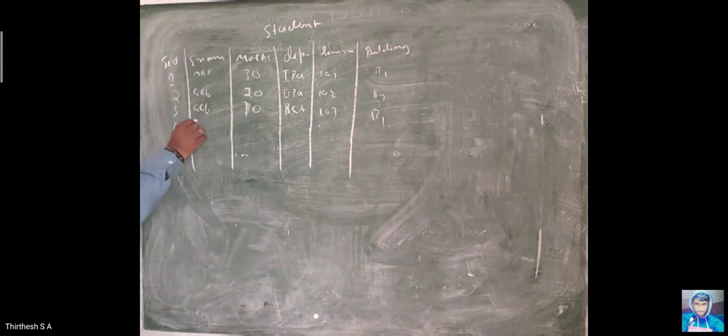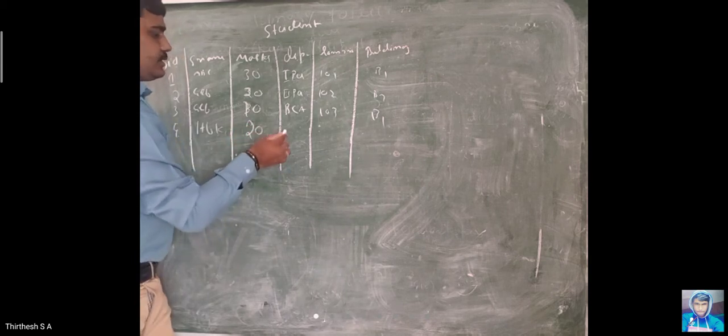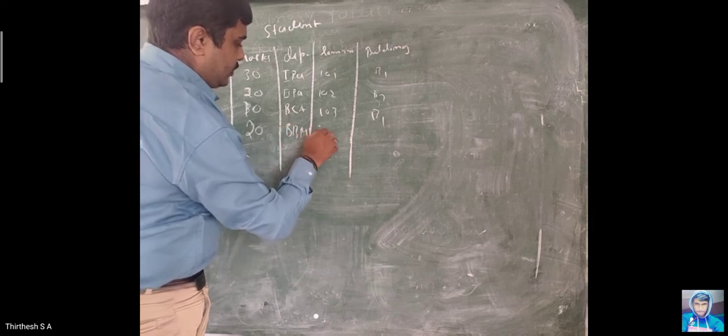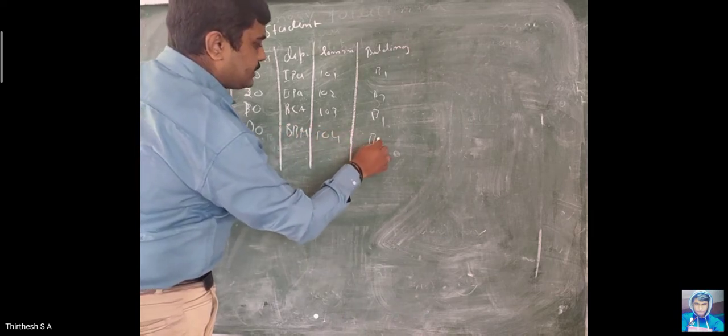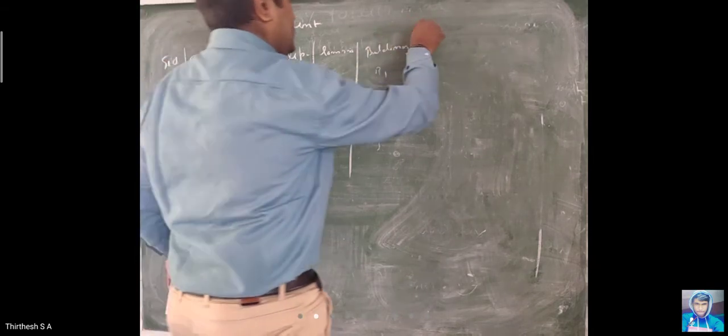Again the same, 4, HFK, maths as 20, department will be BBM, 104, and building B3. This is how it looks. So now what happens here is we will come across three anomalies.